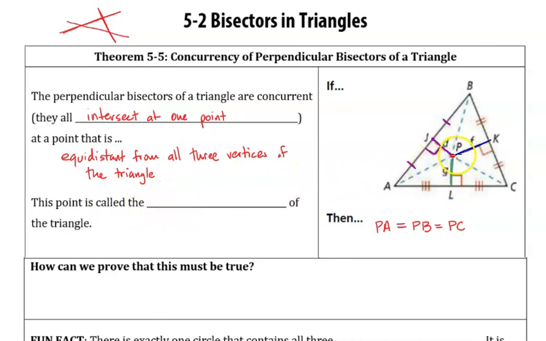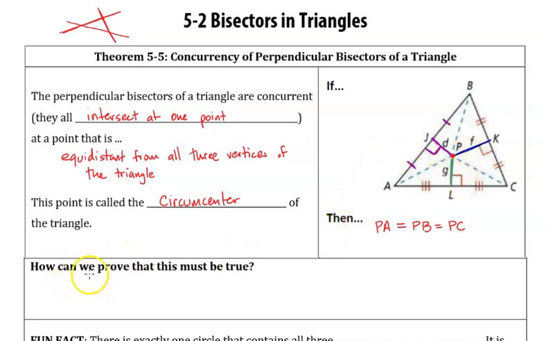That point has a special name. It is called the circumcenter of the triangle. The circumcenter of the triangle. So every triangle has this special point, sometimes inside it, sometimes outside it. We're going to look at when that might happen, one way or the other. But every triangle has this special point called the circumcenter, and it's the place where the three perpendicular bisectors meet.